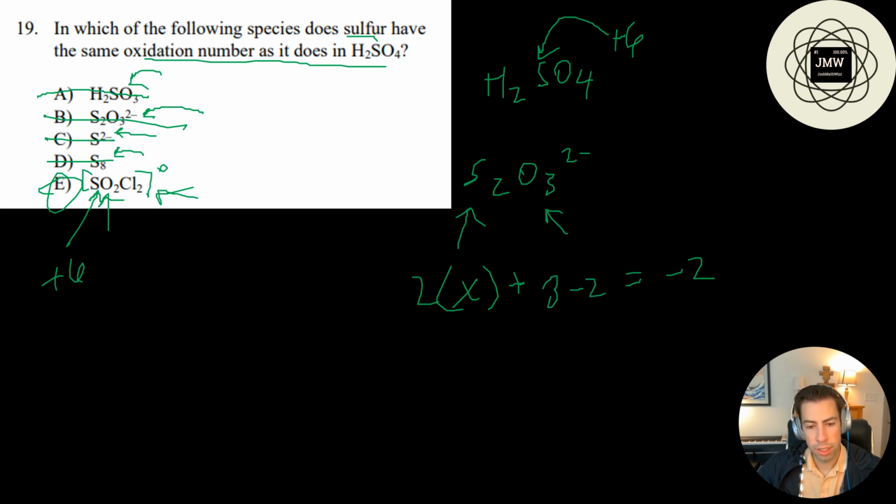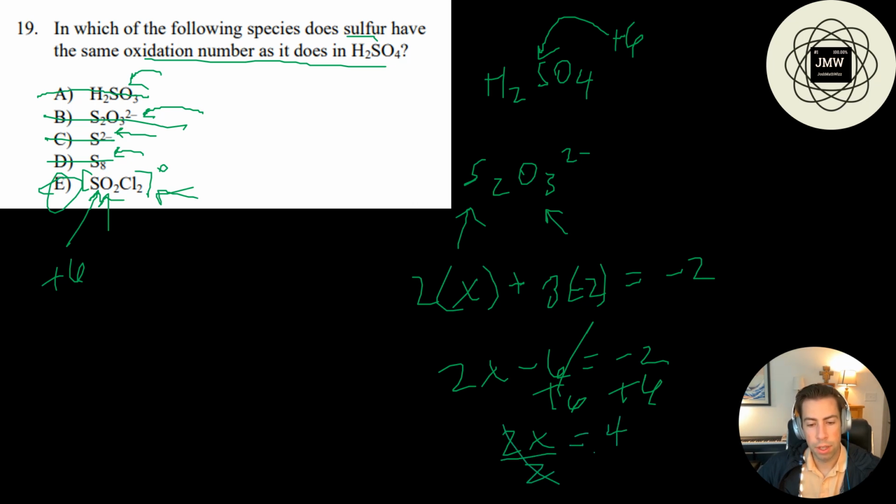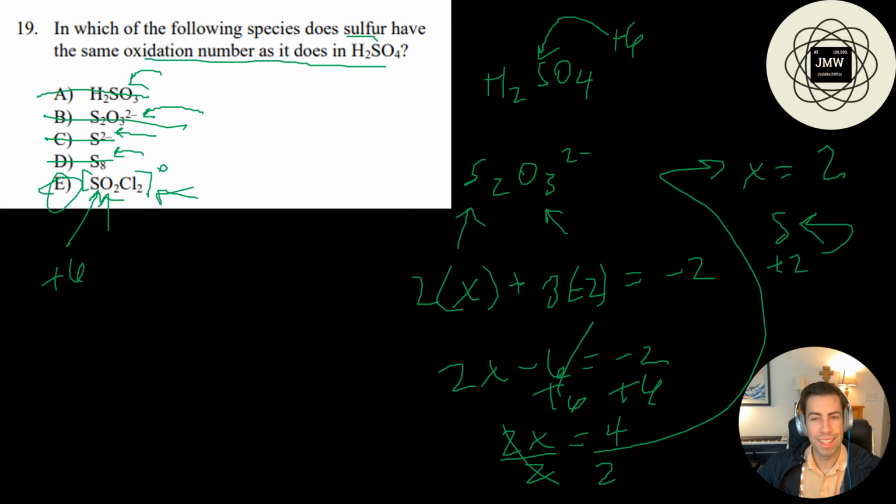So I'll get 2x minus 6 equals -2. I'll then add 6 to both sides. I'll have 2x equals 4, divide both sides by 2, and then I have that x equals 2, so the oxidation number would be plus 2 for sulfur, and that's not right because it doesn't match with what we have here.